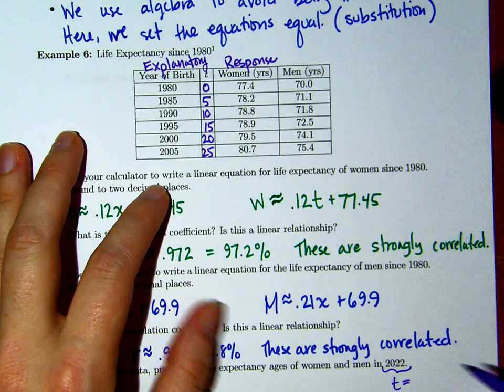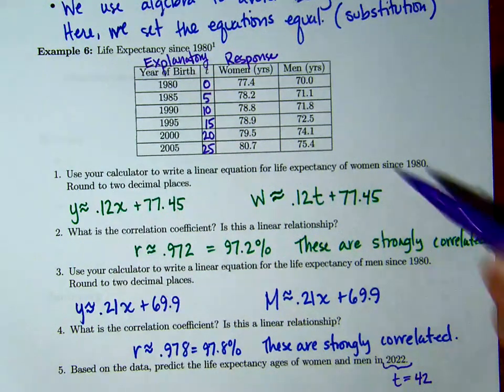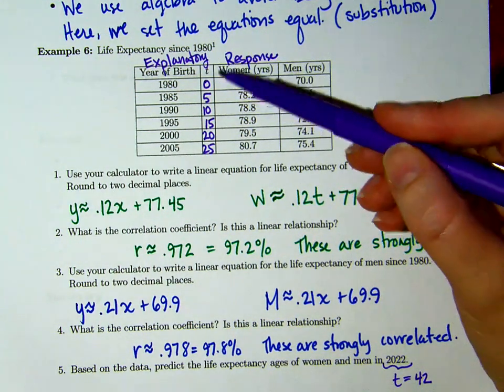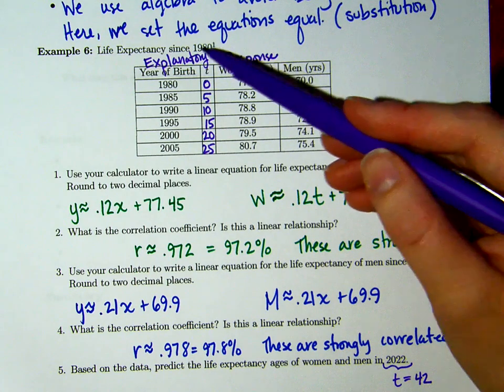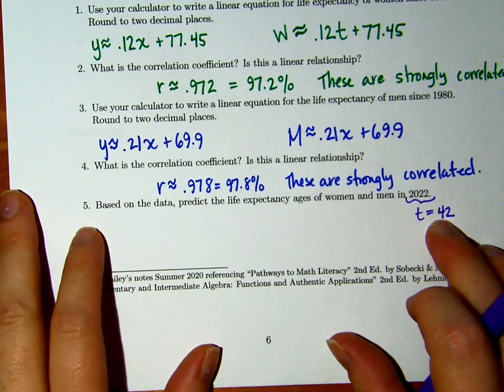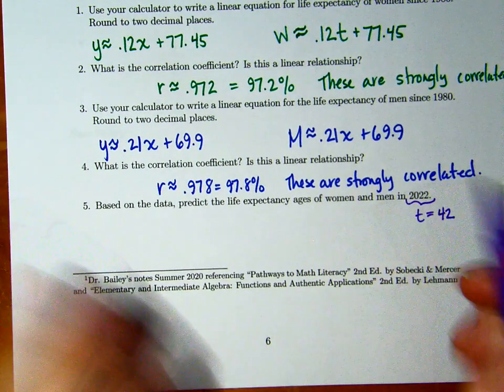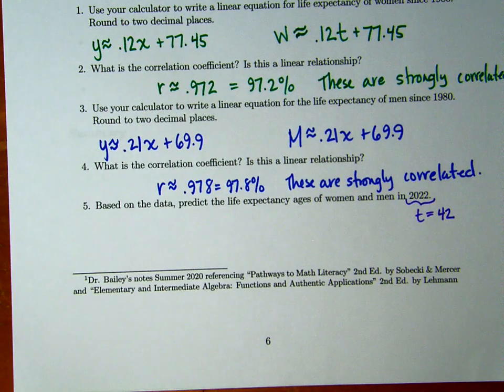The difference is 42 years. Oh yeah, that makes perfect sense. From 1980 to 1990, to 2000 is 20 years, and then there's 22 more. Got it. If t equals 42, then I can put it into both of these and see what's happening. I'm going to do them in their colors.